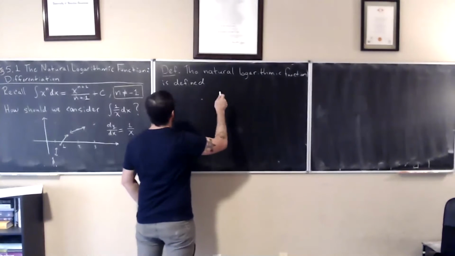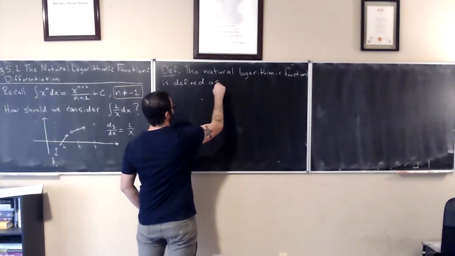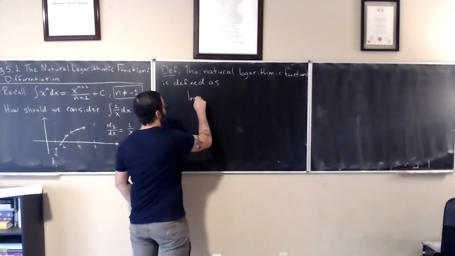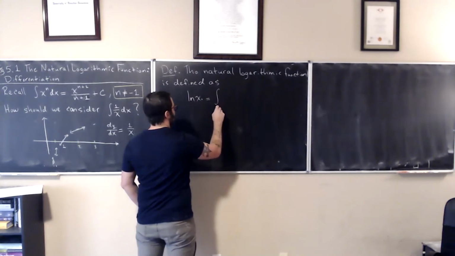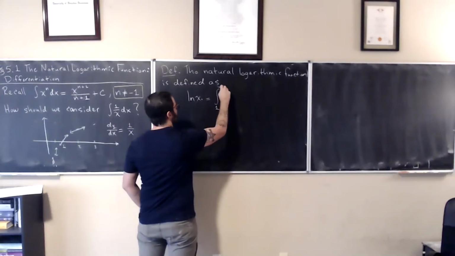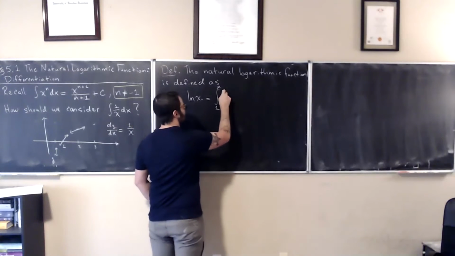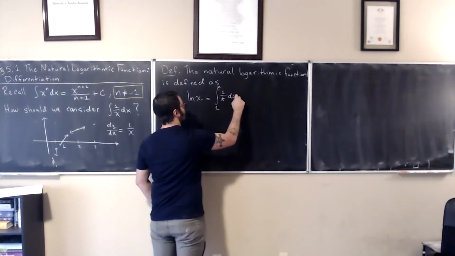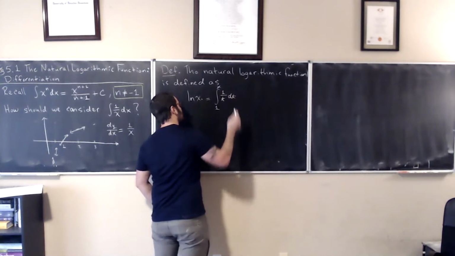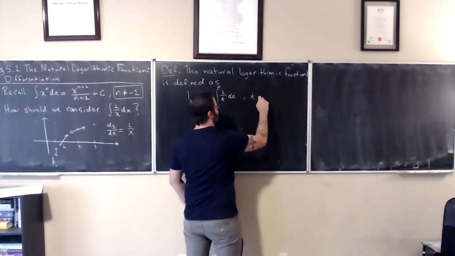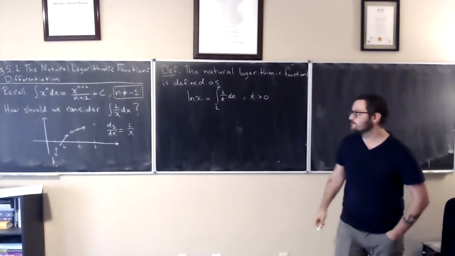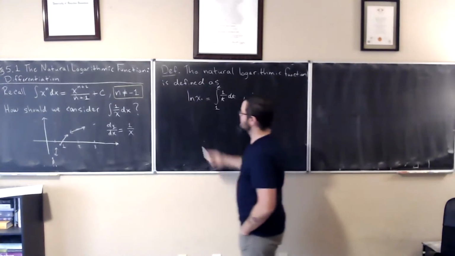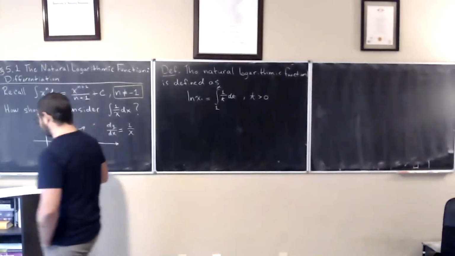The natural logarithmic function is defined as ln of x equals the integral from 1 to x of 1 over t dt. And this is for x greater than 0. So this is how we're going to define our function natural log of x.